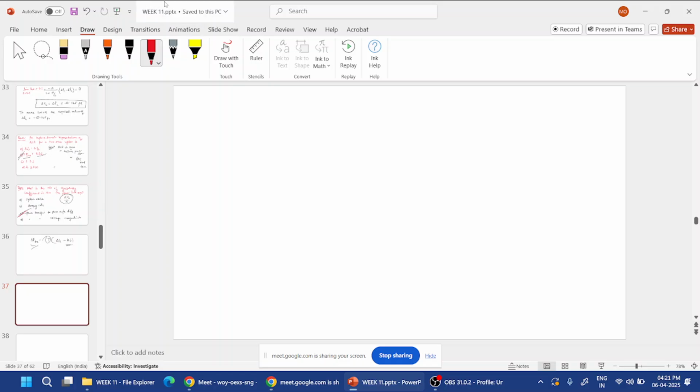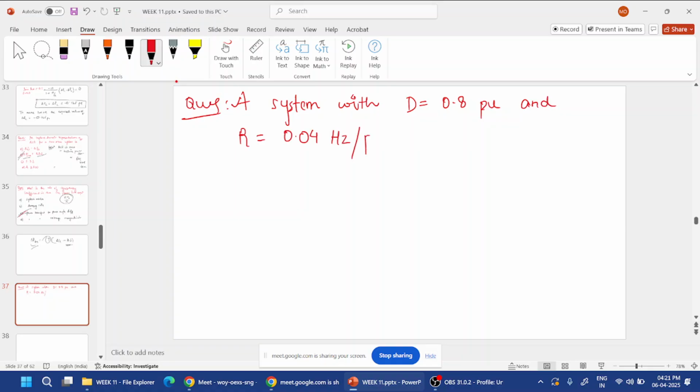Okay, I will give you one more question. So the next question is: a system with D equal to 0.8 per unit and R equal to 0.04 Hertz per unit megawatt experiences a 0.2 per unit load drop.